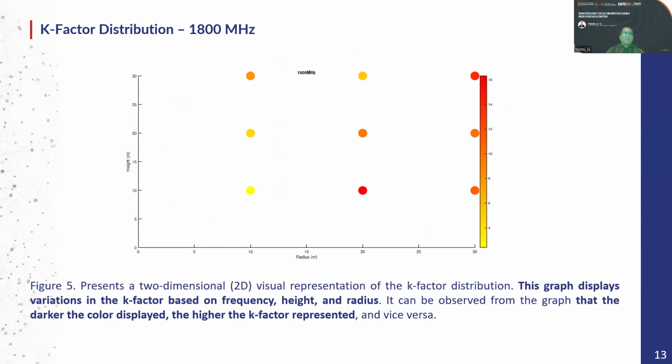As seen in the graph, the darker the color, the higher the K-factor value represented, and the lighter the color, the lower the K-factor value. In other words, the variation in height and radius significantly impacts the K-factor and the flight angle.